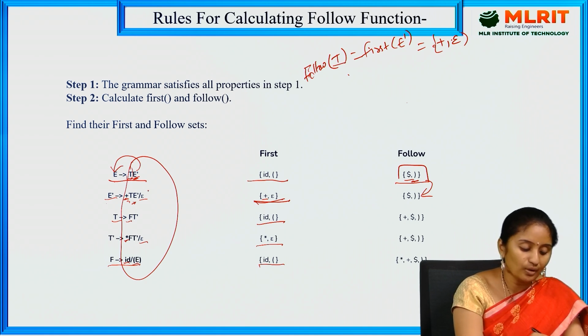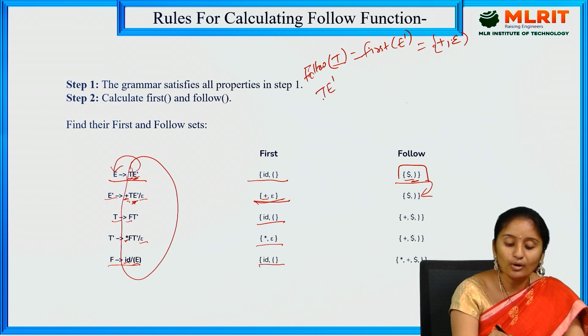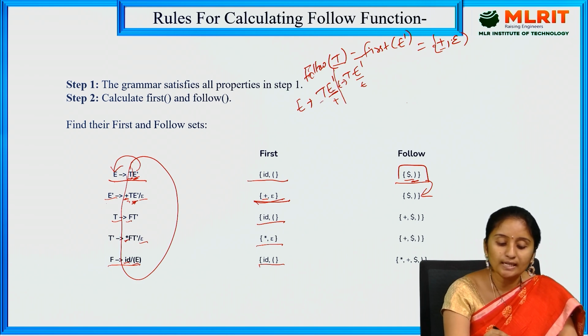So follow of T is nothing but what it is followed by, E dash. In the place of E dash, place plus T E dash and place epsilon. E produces T plus.